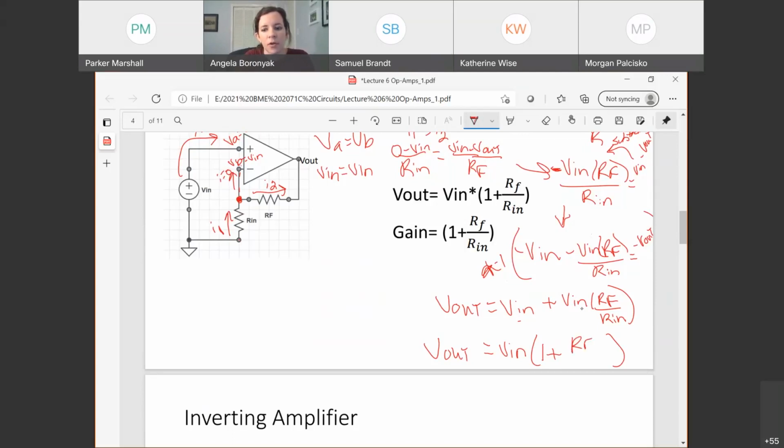Good, RF over Rn. What does this mean practically? What does this mean this whole circuit did with my op amp to get a V out?